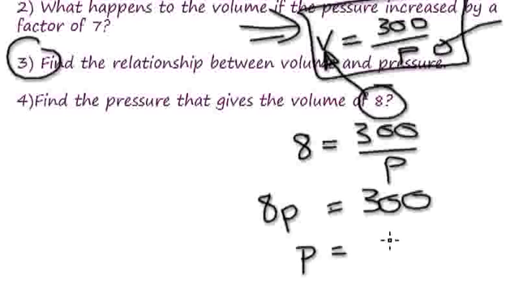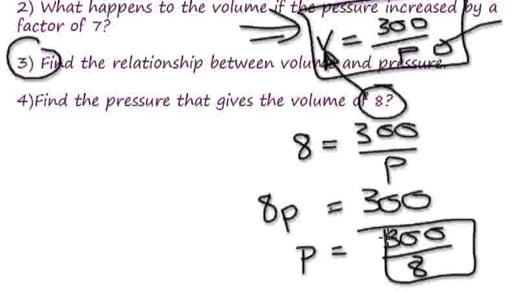So P equals 300 over 8. So this here, well, you can jump to a calculator, or you can just leave it as this. Okay.